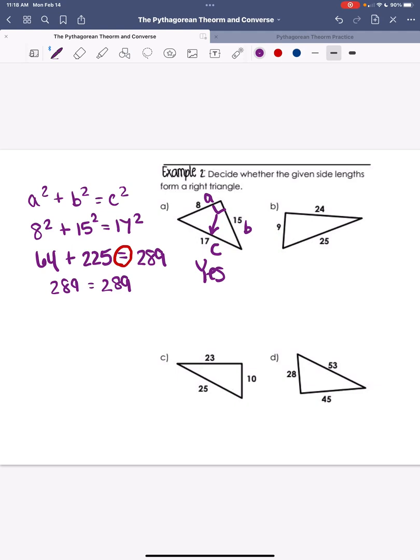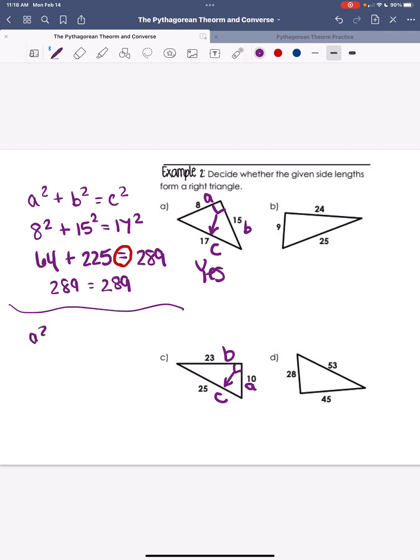Okay, so I want you to check B on your own. I'm going to come down here and do C with you, and then again you'll do D on your own. So I want to look at the sides. Let's identify the right angle, which is right here. The side directly across from it is the longest side, my hypotenuse, so this is going to be C. And again, I can label A and B whichever one I want.